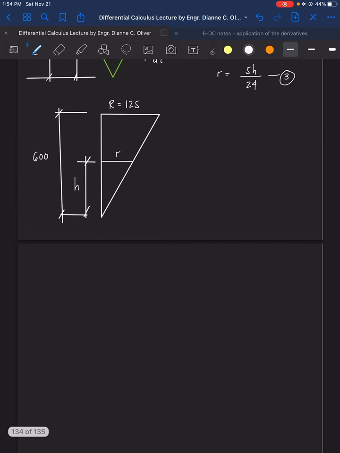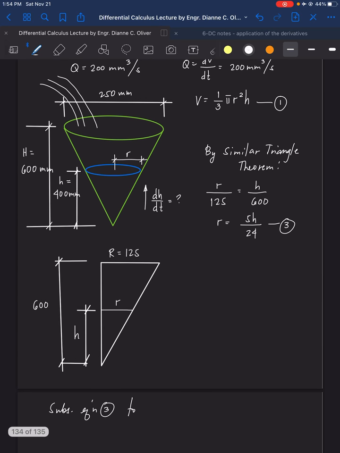Then substitute equation 3 to, oh, it's not equation 3, it's equation 2. I've been used to having this as equation 3.